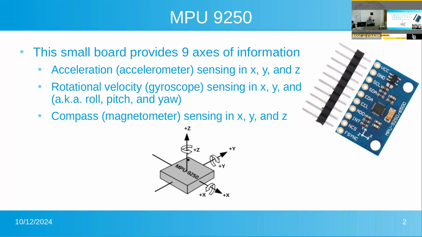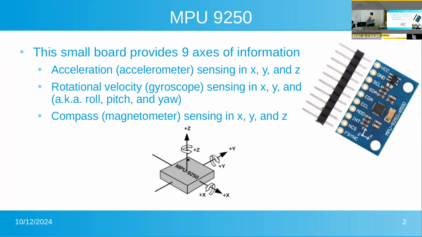For this whole talk, it's going to be about a robot on the ground, not a flying robot, so the Z is of less interest, except for the rotation, which is your heading around the Z. But that's where the 9 comes from, the X, Y, and Z in each of those.